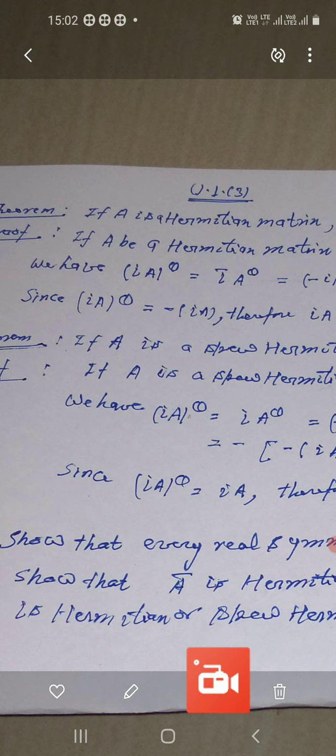Next theorem is, if A is a skew Hermitian matrix, then iA is a Hermitian matrix. Okay. Proof is very simple.